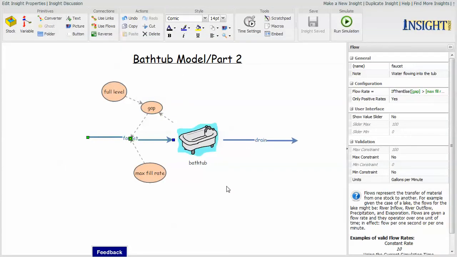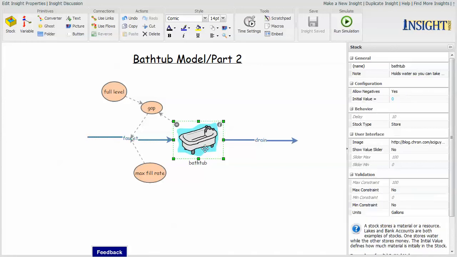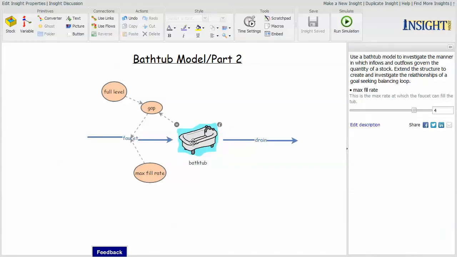The faucet itself has to be in gallons per minute because this is a simulation that runs over a period of minutes, and therefore the flow rate has to be in units per minute, so that when the simulation is done, which is essentially a numerical integration over time, gallons per minute is integrated into simply being gallons, which ends up in the bathtub.